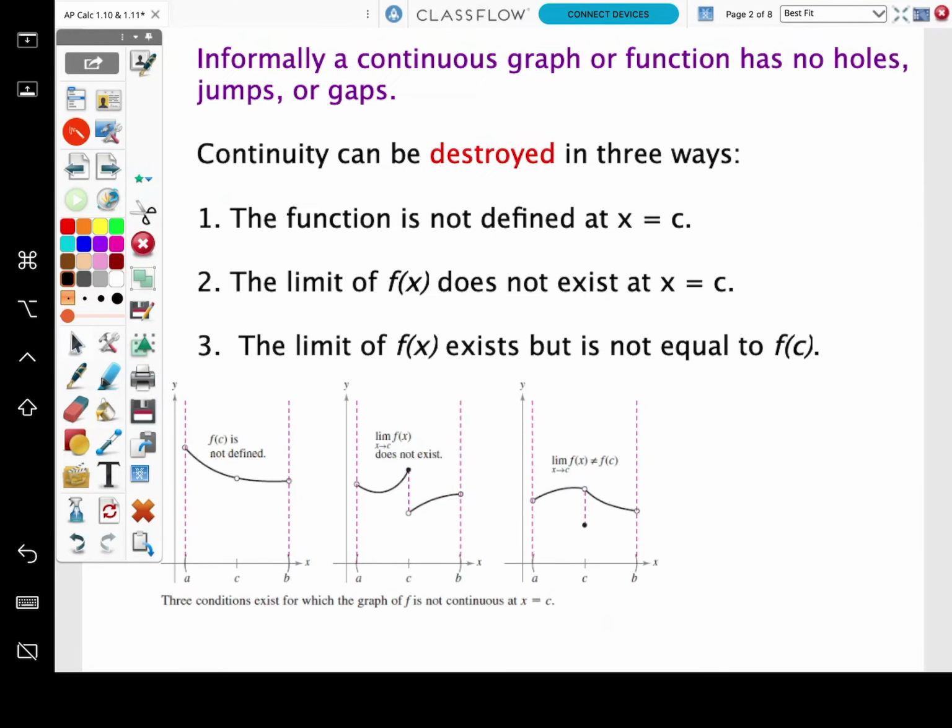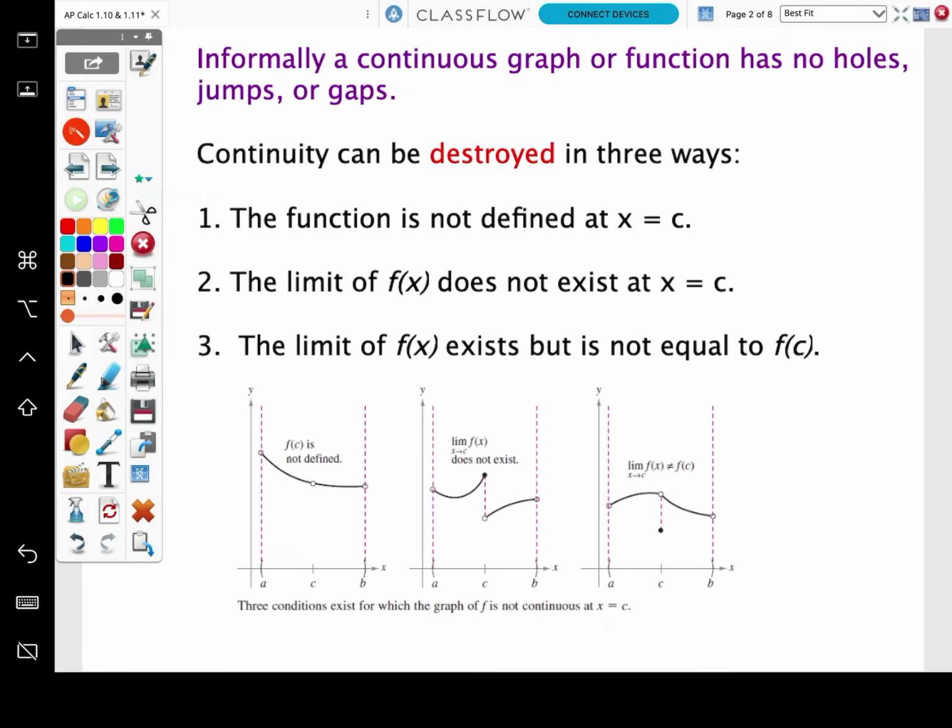Here's a better, more technical definition of what's going on in those things. Very informally, a continuous graph or function has no holes, jumps, or gaps. You can destroy continuity in these 3 ways. This first graph, number 1 down here, corresponds to the first graph where just f of c is not defined, so that means there's a hole. The limit does not exist, but the function does.